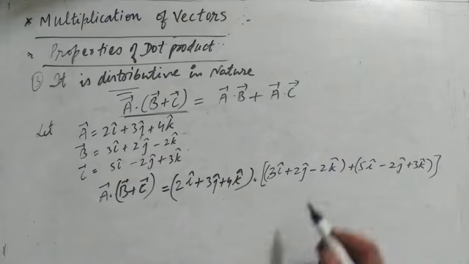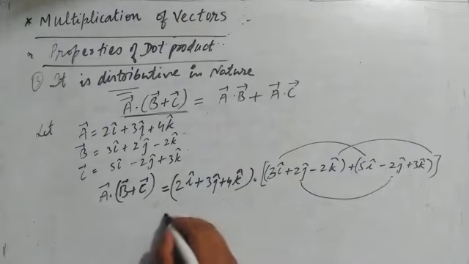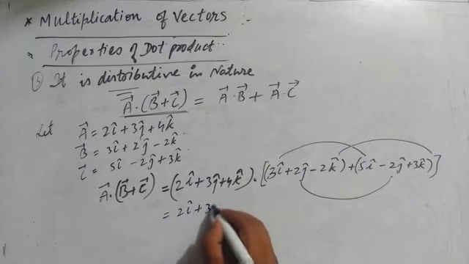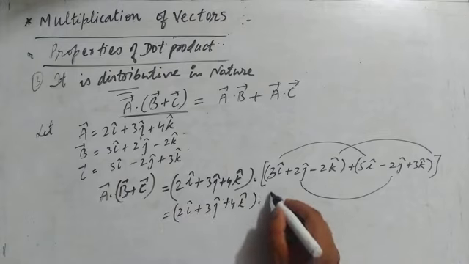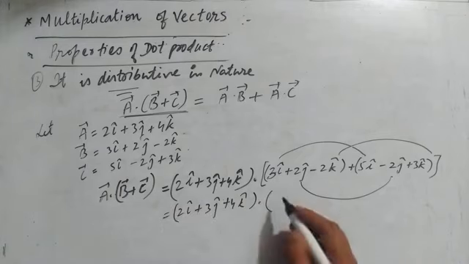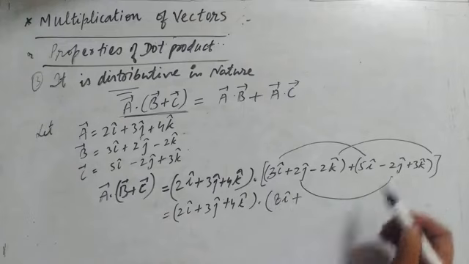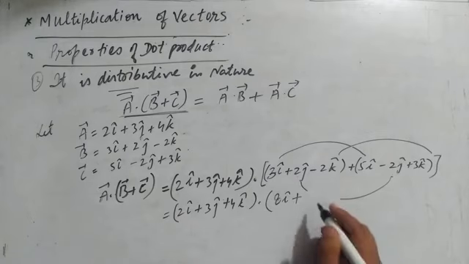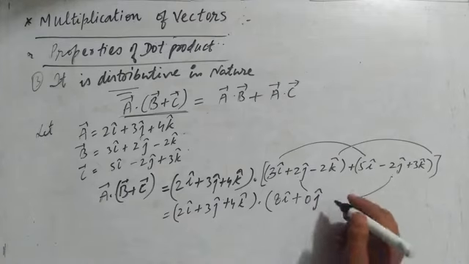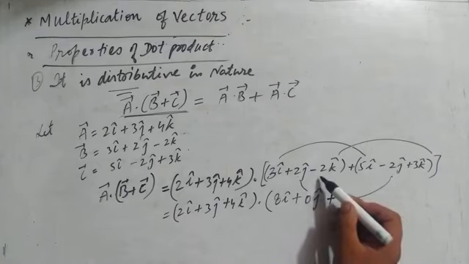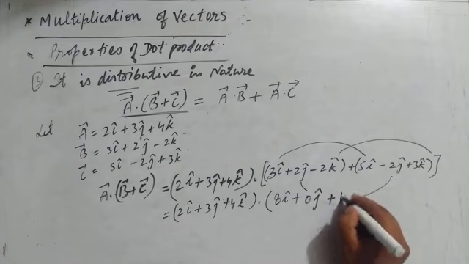For adding these two vectors, we will add i with i, j with j, and k with k. So this becomes 2i cap plus 3j cap plus 4k cap dot. Now 3i plus 5i becomes 8i, 2j minus 2j becomes 0j, plus minus 2k cap plus 3k cap becomes plus 1k cap.